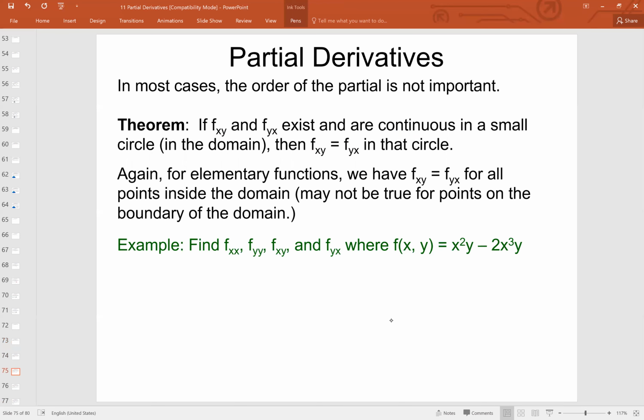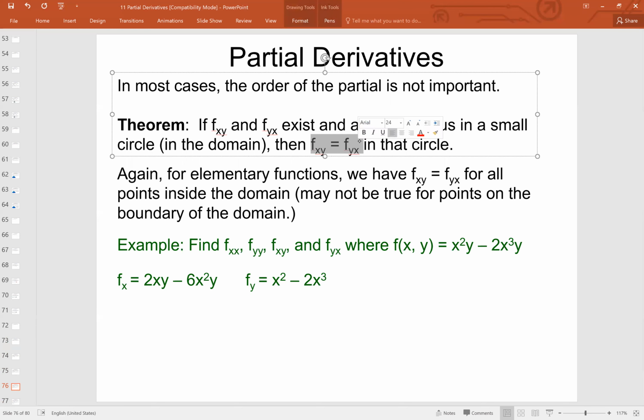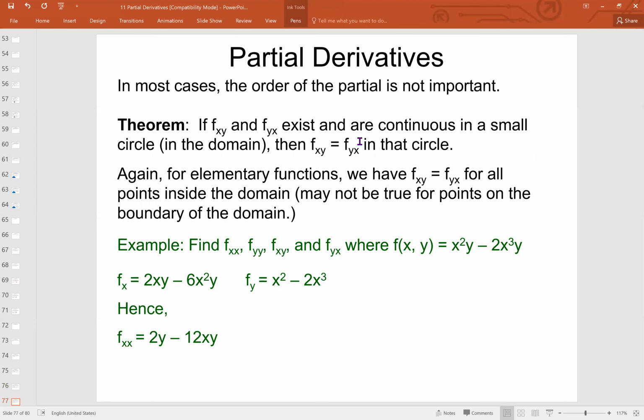This is true for most elementary functions. For example, if I make a polynomial like that and calculate these two, you can switch the order of taking partial derivatives and you end up with the same answer. Why? Because these are very nice functions, and their partial derivatives exist everywhere.